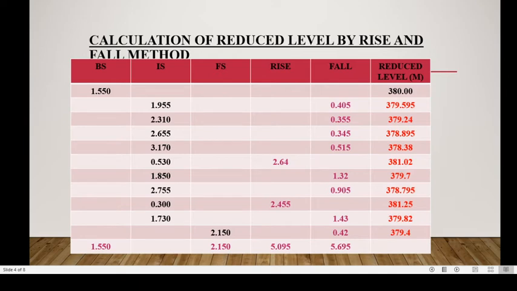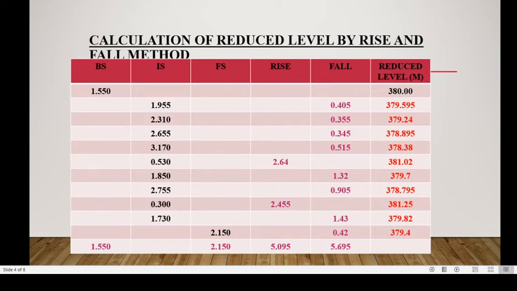After calculating all the rise and fall, we will add or subtract with the given reduced level at the first station. If it is a fall value, we will subtract it, and if it is a rise value, we will add it.